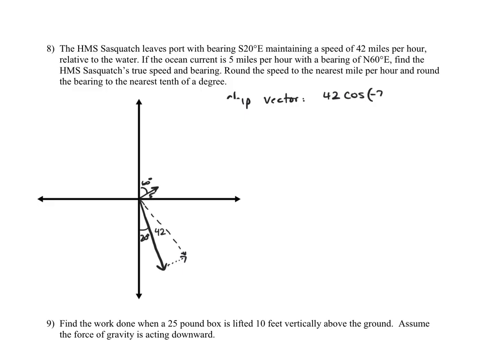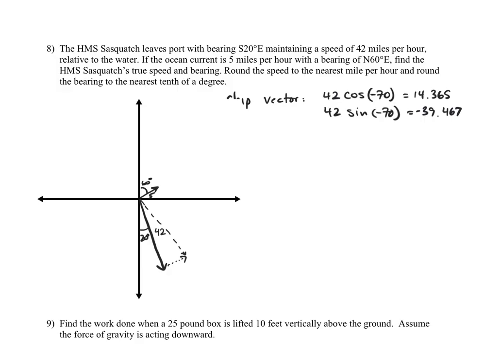And since it's in the fourth quadrant, we're going to go negative 70. For the y component, the vertical component, we can do sine. This is about 14.365. And this is negative 39.467.